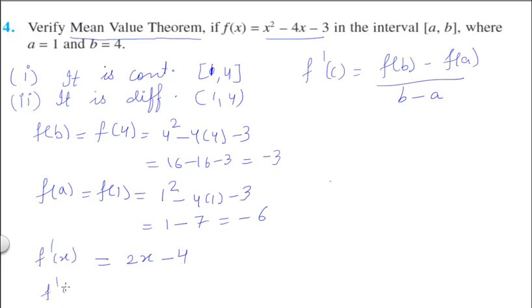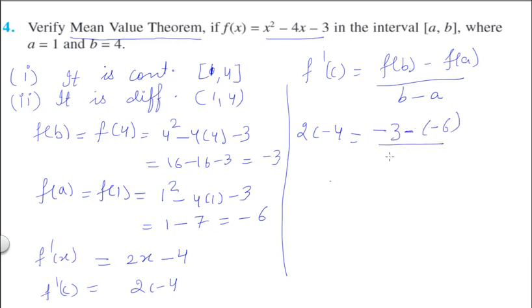What will be f dash c then? 2c minus 4. Hence, from here we will put all the values here. 2c minus 4 equals f of b, which is minus 3, minus f of a, which is minus 6, divided by 4 minus 1. We get 2c minus 4 is equal to minus 3 plus 6 divided by 3, which is 3 divided by 3, which is 1.